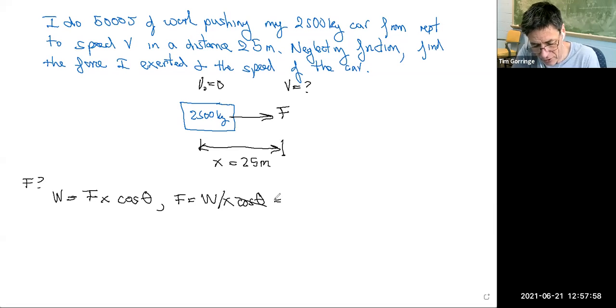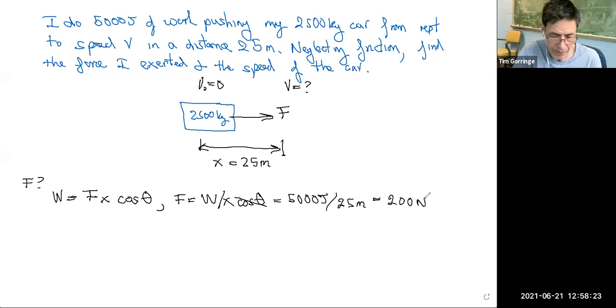All we have to do to figure out the force in this simple situation is take the 5,000 joules of work that I did and divide by the distance that I pushed the car. That's 25 meters. Well, this is convenient. 5,000 over 25, I can do that in my head. This is 200 newtons.